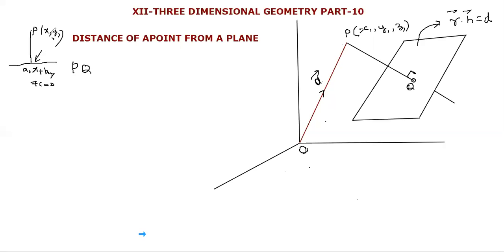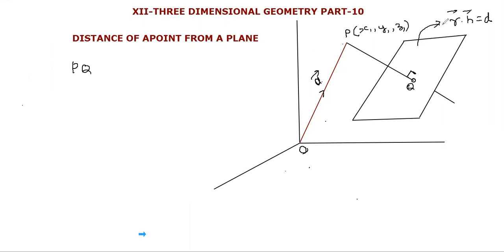So then we are putting the values of x1, y1 and under root a square plus b square. Similarly, here also same thing, but in 3D manner. So you have to see how to do it in 3D.